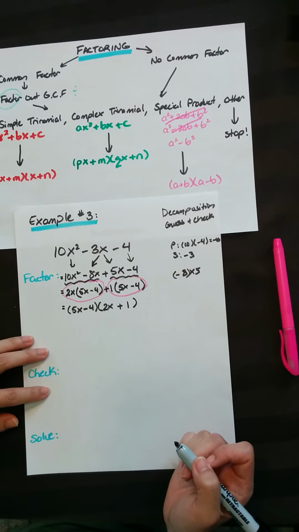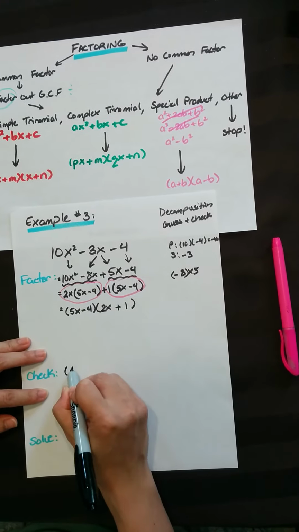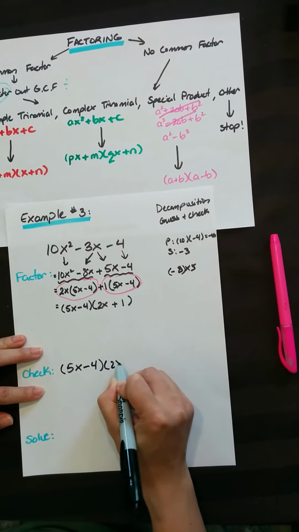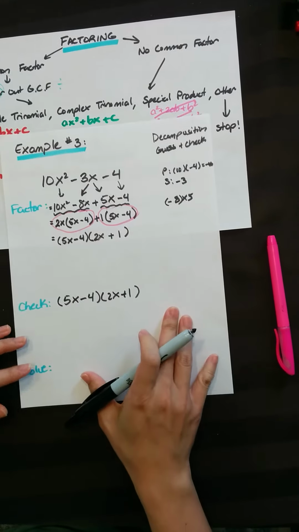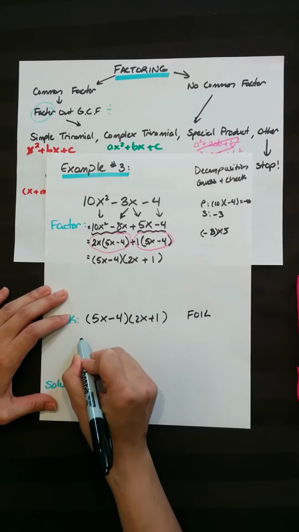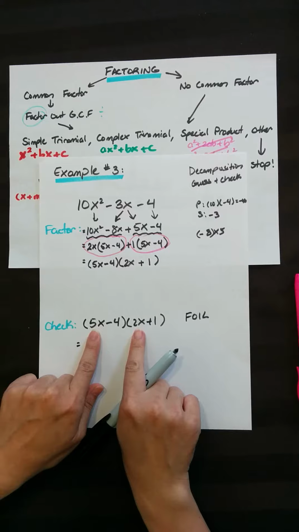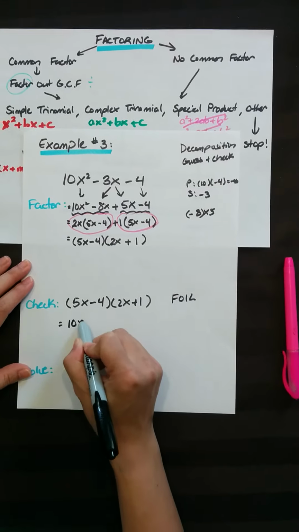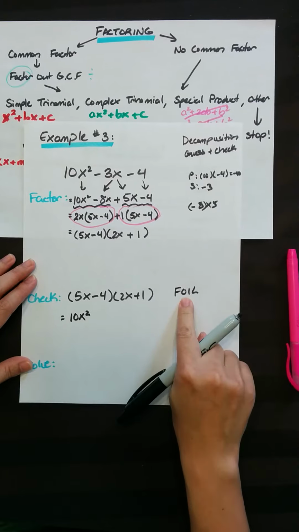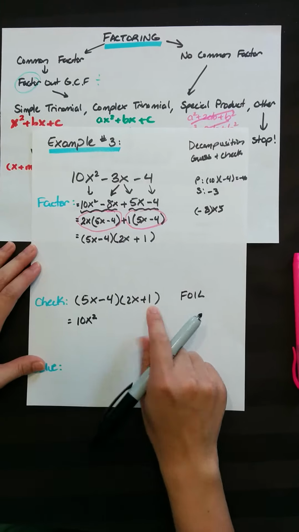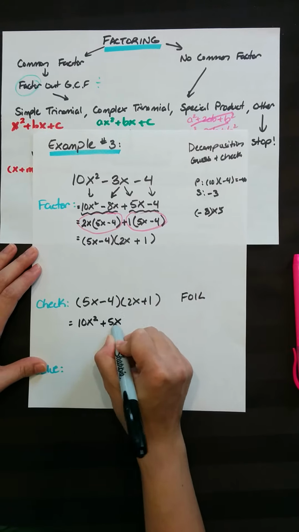Okay. To check it, again, we're just going to expand. 5x minus 4 and 2x plus 1. We're going to expand by doing FOIL. Okay, F for first, here are the two first, and I'm going to multiply those together. 10x squared. O for outside, that's these two right here. 5x times 1 gives me 5x.